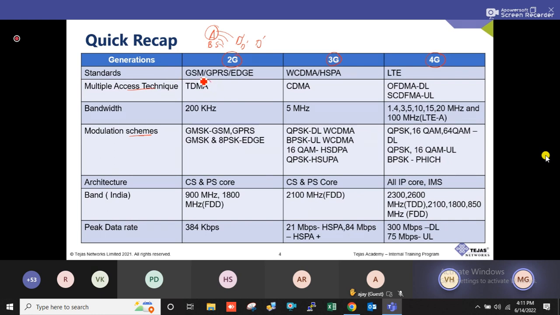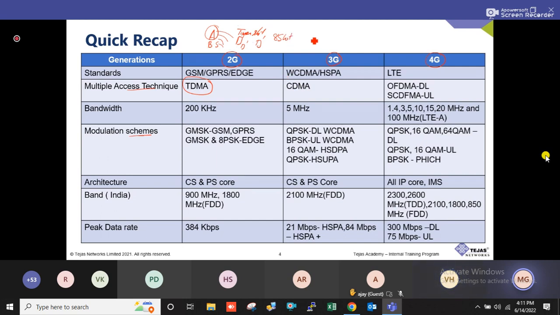That means each user is differentiated by a time slot. The frequency remains constant, but the time varies for each user. The maximum possible in 2G was 8 time slots.